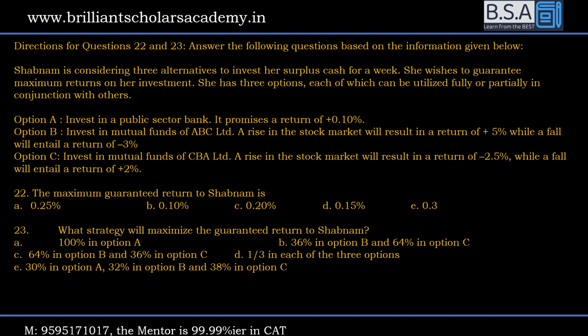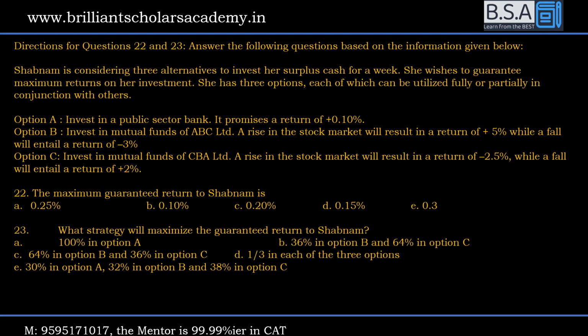She is looking for guaranteed returns which are maximum. See, if she puts all her money in option B and the market goes down, she loses, there are no returns. If she puts all her money in option C and the market goes up, she loses money. Because she is looking for guaranteed returns, some return has to be assured.